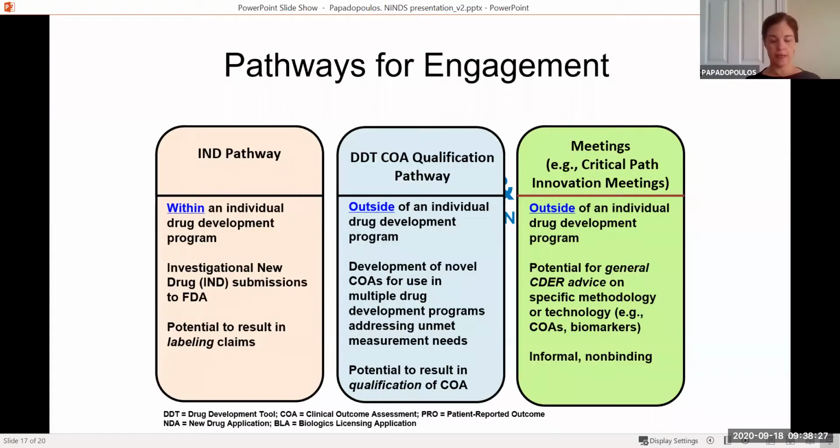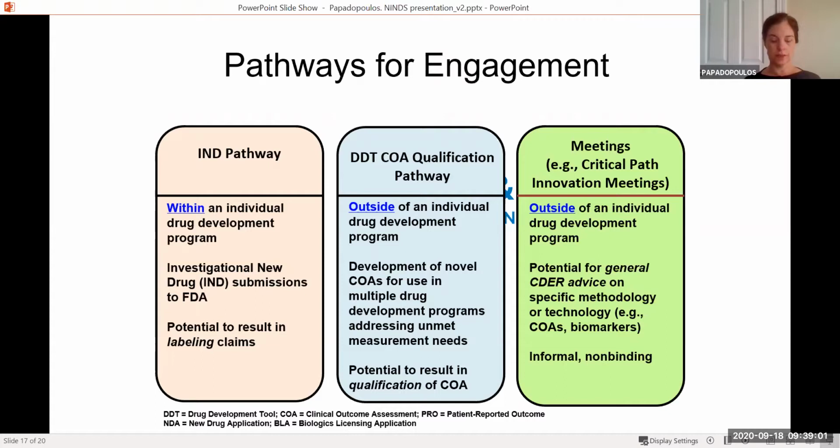So now I'd like to say a few words about seeking advice from the FDA. To meet the challenges of patient-focused outcome measurement and to ensure outcome assessments are fit for purpose for drug development, we recommend early consultation and close collaboration with the FDA throughout drug development. And we have 3 pathways I'd like to just highlight here for engagement in the Center for Drugs.